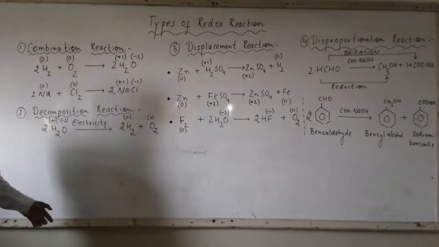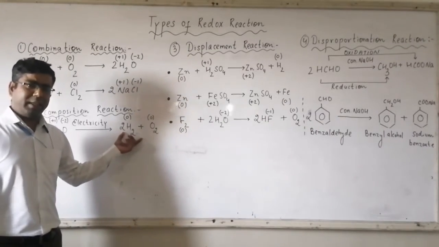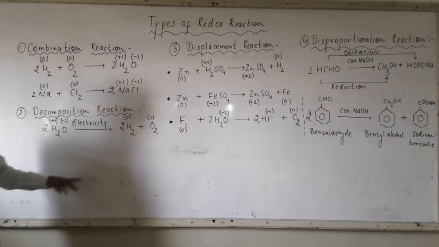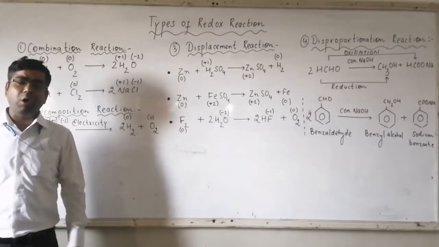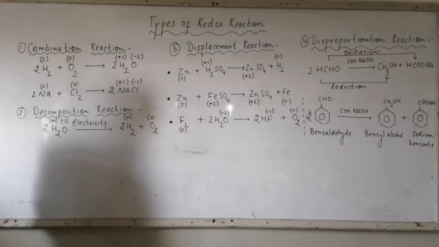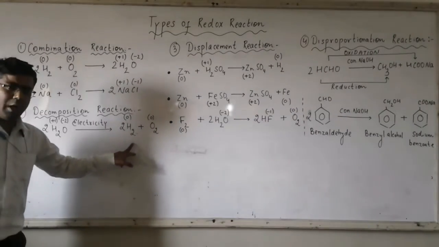When H2O gets converted to H2, it's the free state for hydrogen. So oxidation state for hydrogen will be 0. So +1 state of hydrogen gets converted to 0. +1 to 0, it's a decrease in oxidation state. So when H2O in presence of current gets converted to H2, this is called reduction of hydrogen.